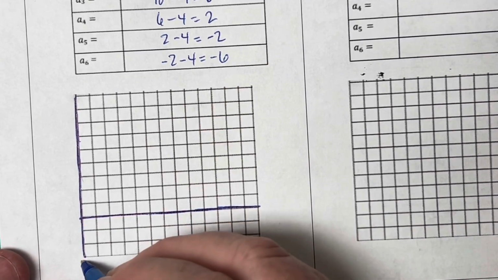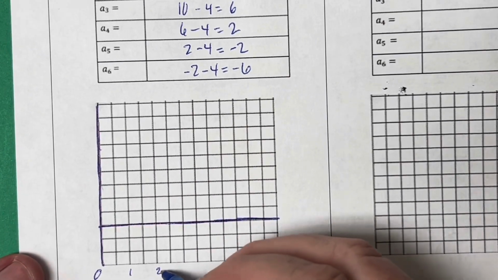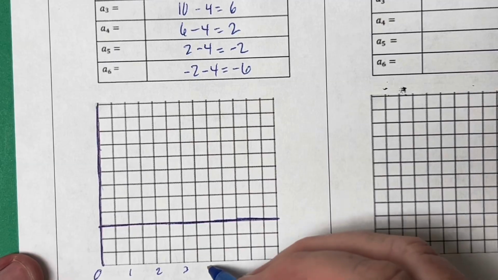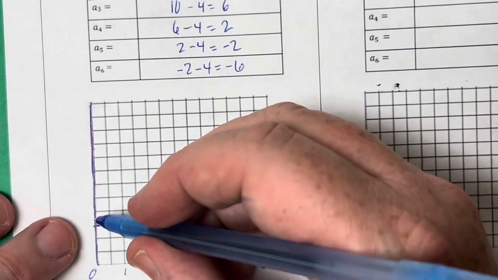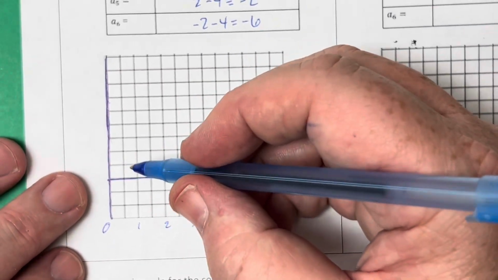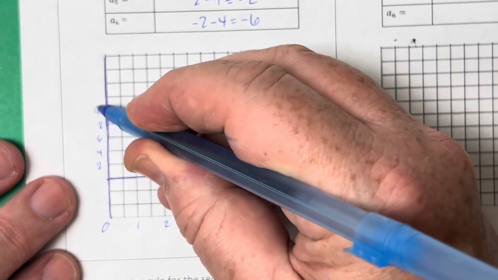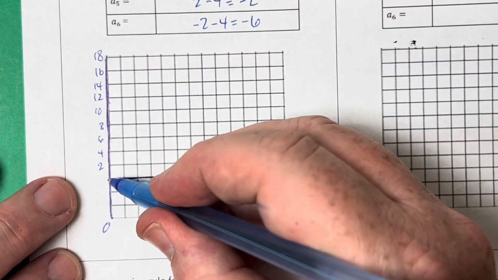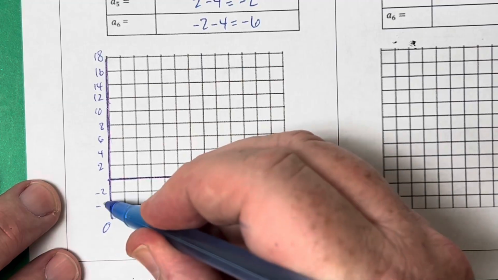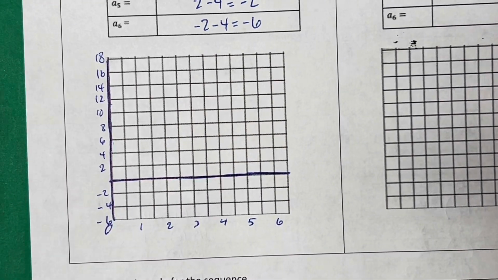We have 0, 1, 2, 3, 4, 5, and 6. Then 2, 4, 6, 8, 10, 12, 14, 16, 18. So that's 0, so that's -2, -4, -6. So I think that gives us everything that we'll need.